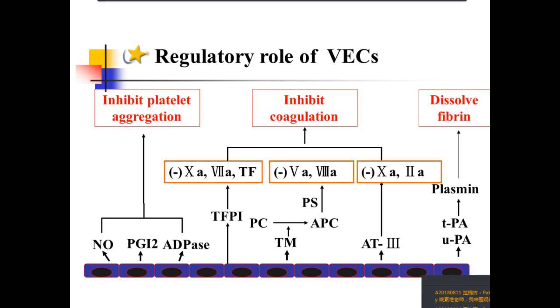Understand? Now the balance of the coagulation system, anticoagulation system, and the fibrinolytic system, we see the function. It is difficult, but you might remember. Now it is the function of normal VEC.